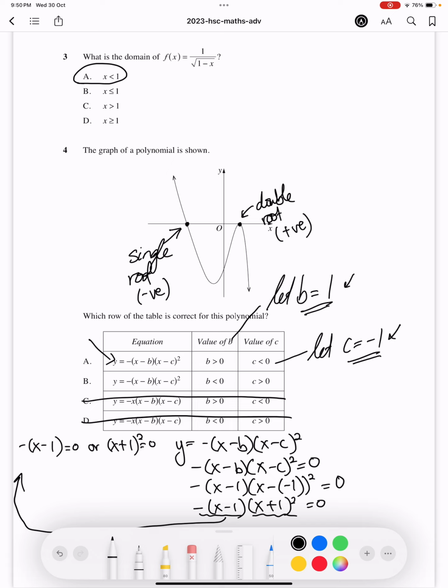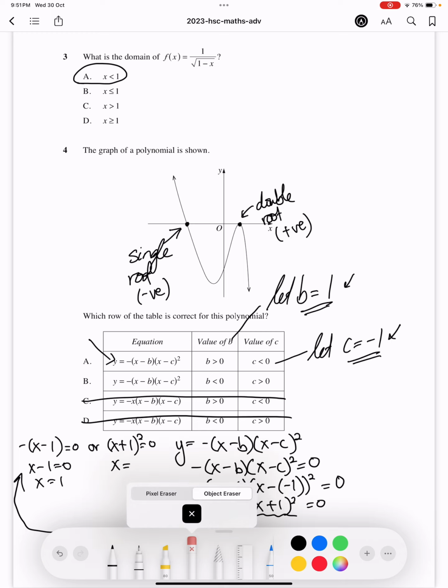Let us go ahead and solve. Dividing both sides by -1 in order to get rid of that minus will give us x minus 1 equals 0, and therefore x equals 1. Square rooting both sides will give us x plus 1 equals 0, and so x equals minus 1.